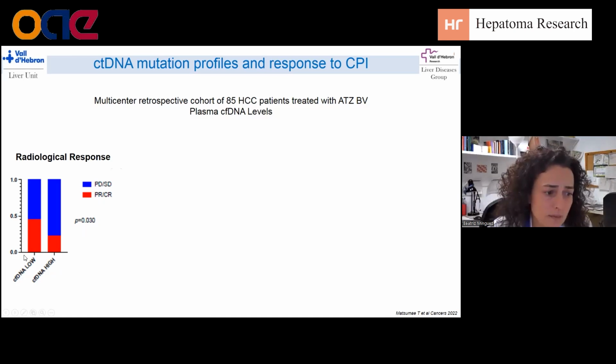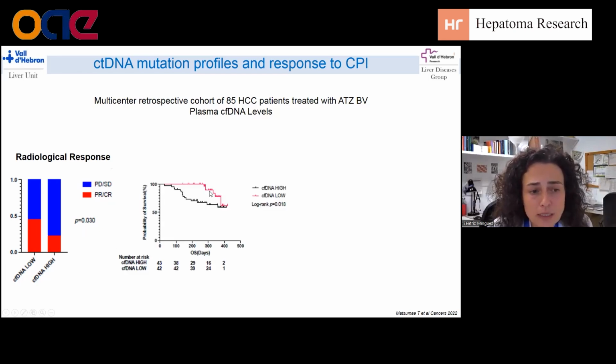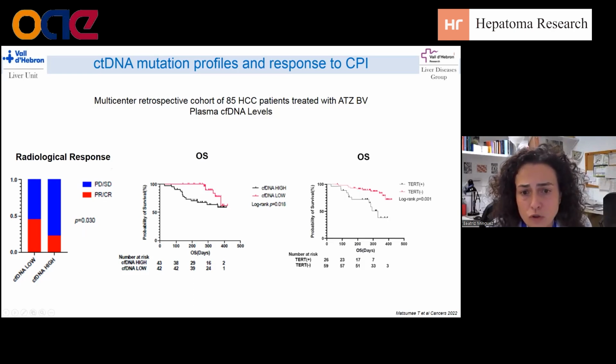Those that have lower amount have more partial response and also complete response, and this is also correlating with survival. And interestingly, the investigators also studied the TERT promoter mutations, and also the presence of this is correlated with overall survival. Of course, it needs to be validated.